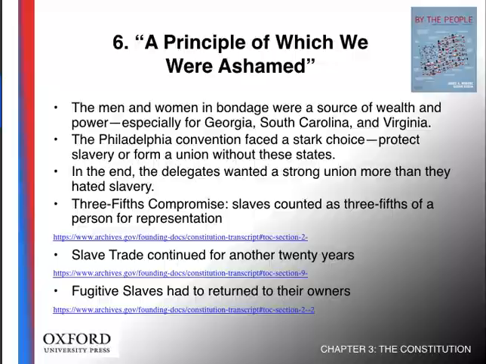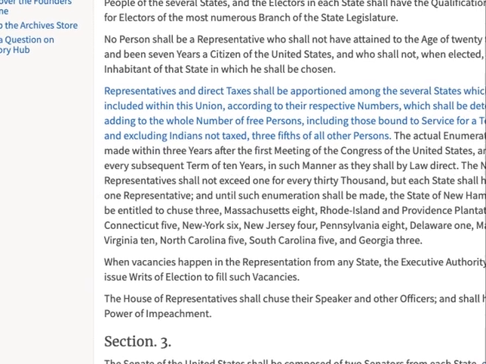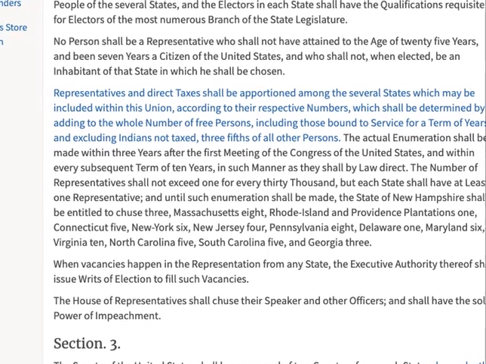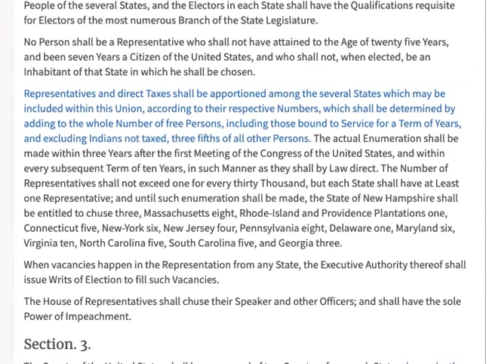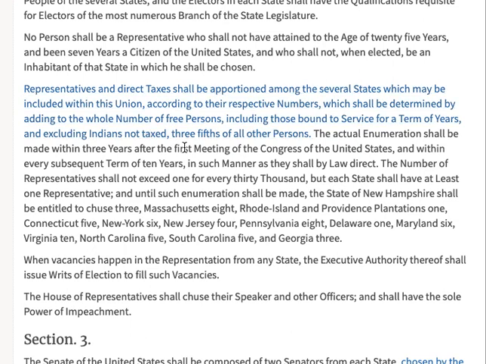And you can see it here. Representatives and direct taxes shall be apportioned among the several states which may be included within this union according to their respective numbers, which shall be determined by adding to the whole numbers of free persons, including those bound to service for a term of years.